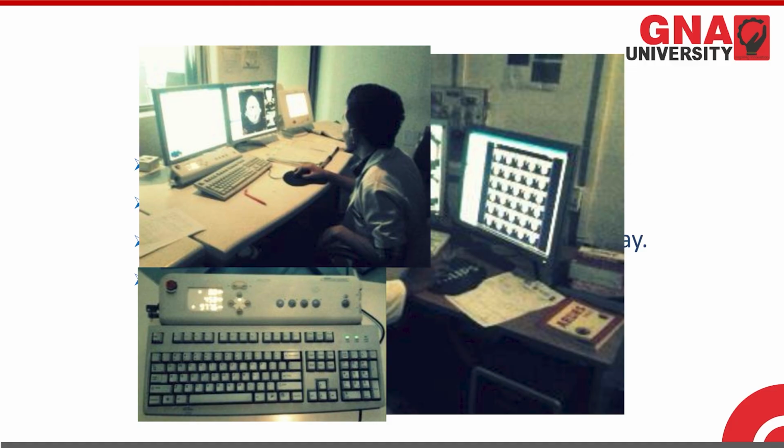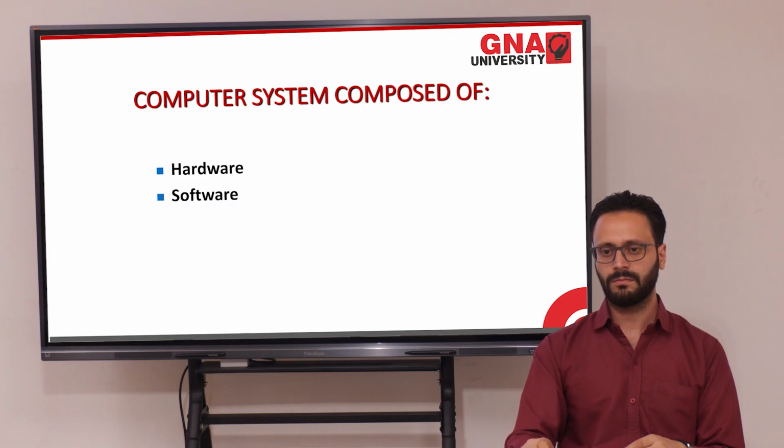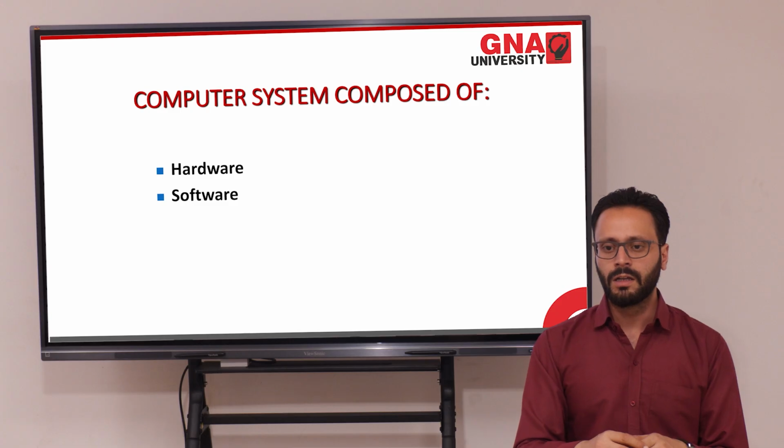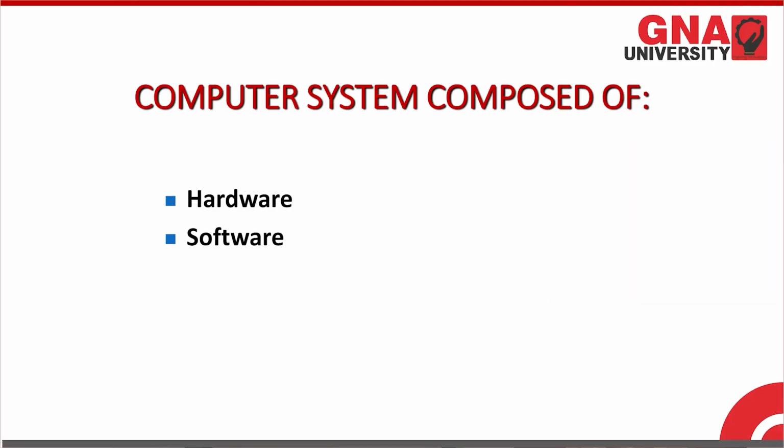Those thousands of calculations are not possible on a normal computer. That's why we have to use a more advanced version of computers, known as mini computers. The computer system is composed of hardware and software, which are provided by the company that produces the scanners.